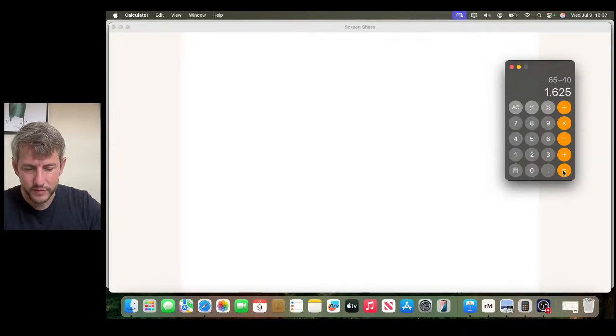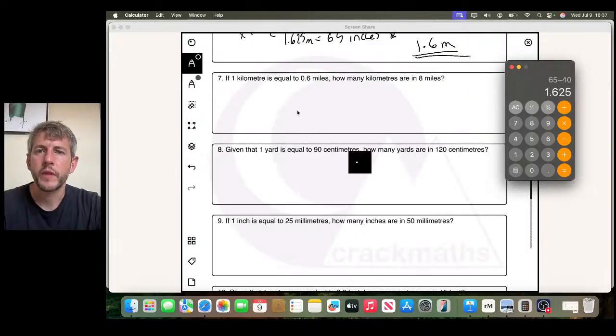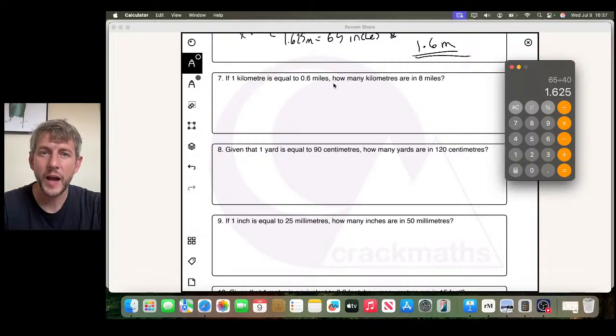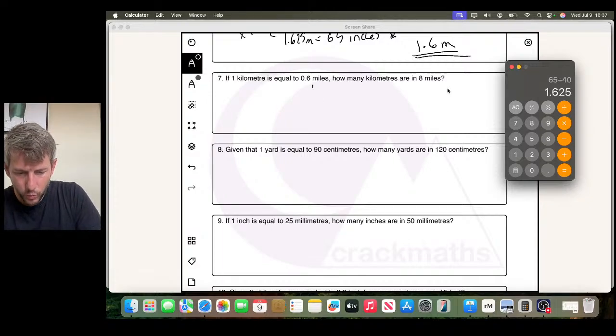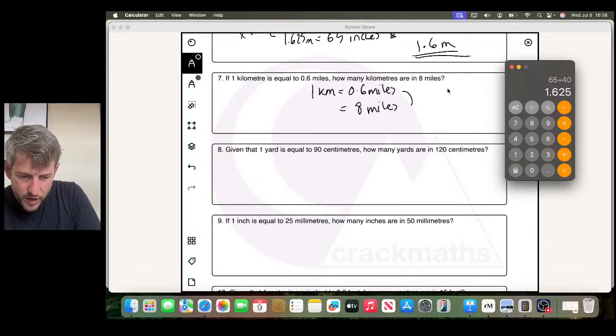Okay, question 7. If 1 kilometre is equal to 0.6 miles, how many kilometres are in 8 miles? Okay, right, so 1 kilometre equals 0.6 miles. We want to get up to 8 miles. So we need to know how many lots of 0.6 miles this is.